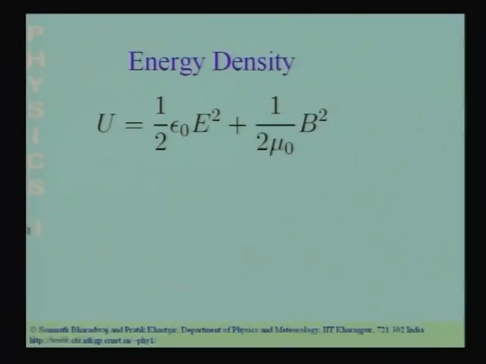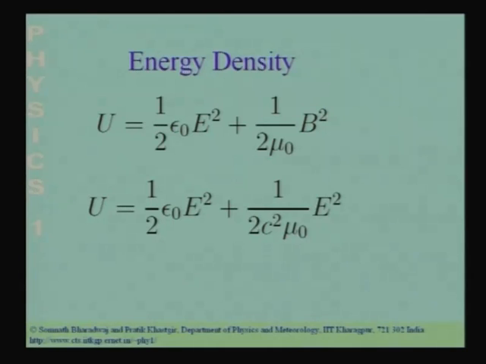The energy in the magnetic field configuration is half B square by mu naught. So, let us now calculate the energy density in this electromagnetic wave produced by the oscillating dipole. This is the expression for the energy density, which I am sure is familiar to all of us.